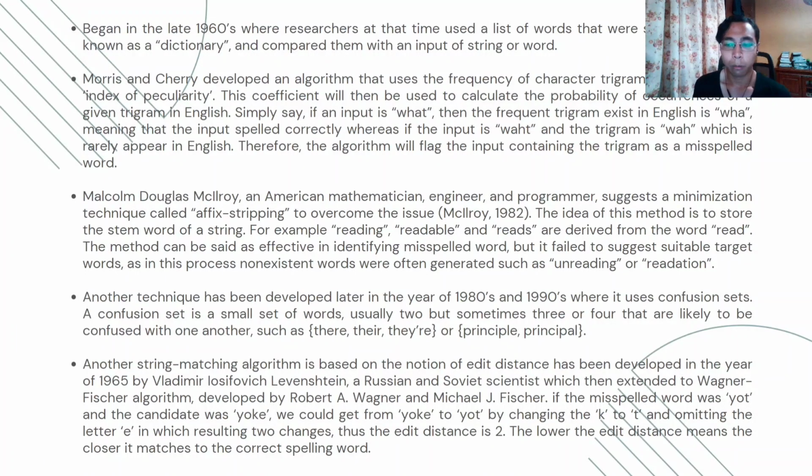If the misspelled word was yacht and the candidate was yolk, we can get from yolk to yacht by changing several letters. For example, we change the K into T and omit the letter E, resulting in two changes. Levenshtein wants to calculate the edit distance, so in this case the edit distance is 2. Levenshtein suggests that the lower the edit distance, the closer it matches the correctly spelled word.